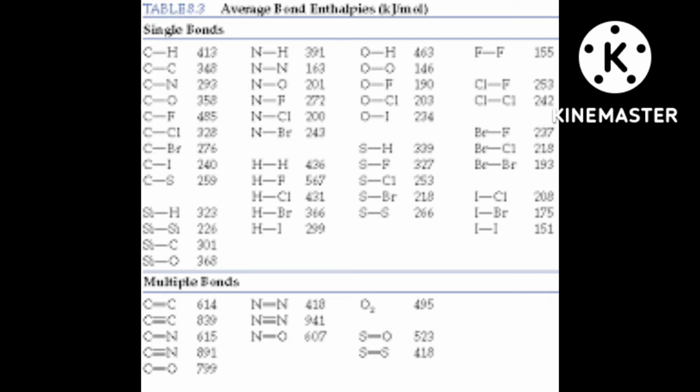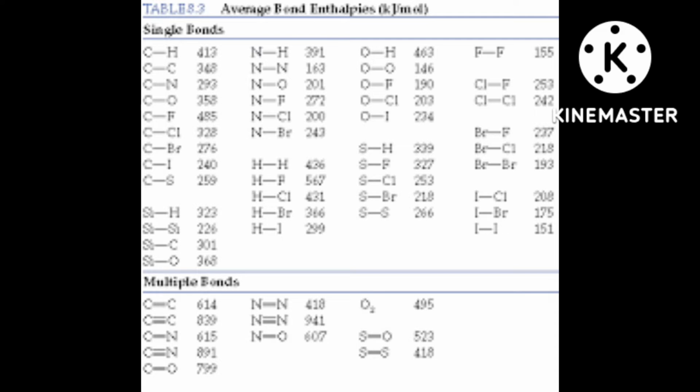In breaking of a bond, heat is required, and when a new bond is formed, then energy is released. Means energy is required to break a bond and energy is released when a bond is formed.